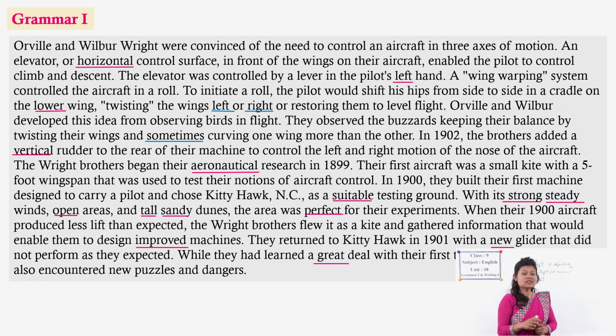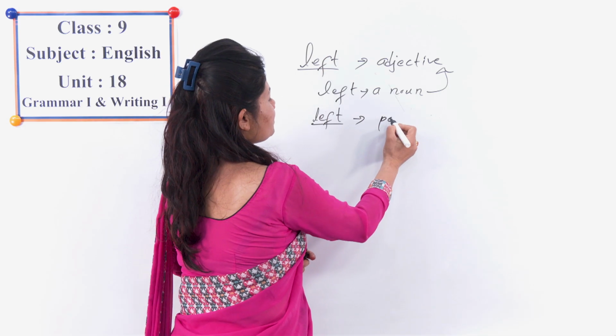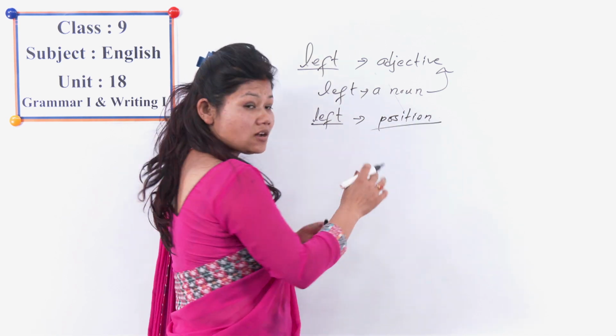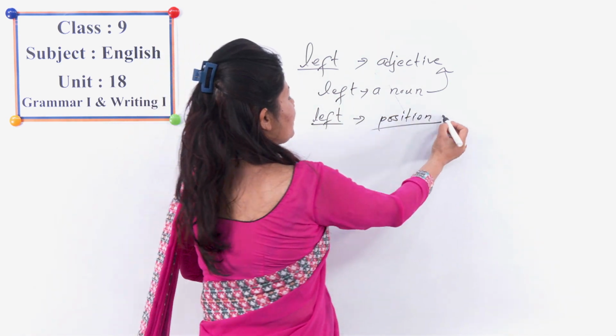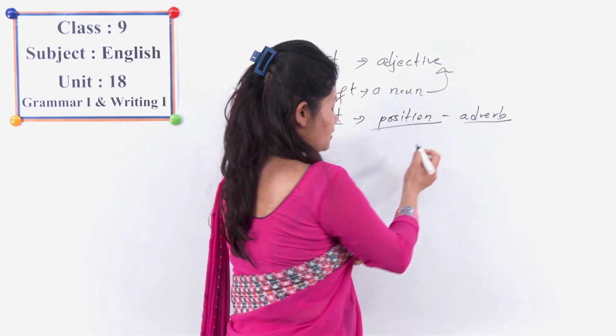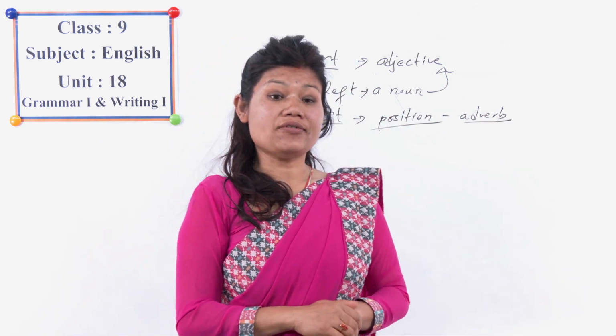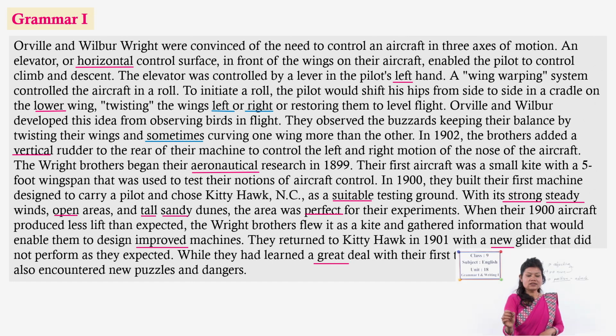So if left signifies a position or place, then we treat it as an adverb. Right is also an adverb. Vertical, aeronautical, suitable, strong, steady, open, and tall, sandy, perfect, improved, great, new, okay. I think you have also underlined in a similar way.